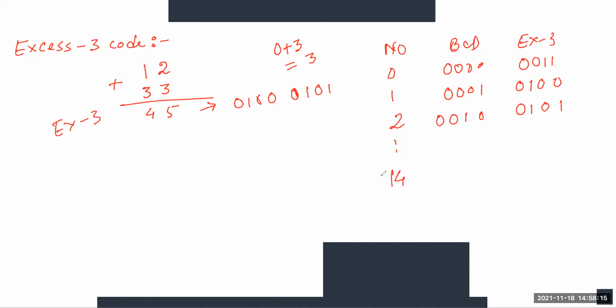Now suppose I write 14. For 14, what is the BCD value? It is 0001 0100.